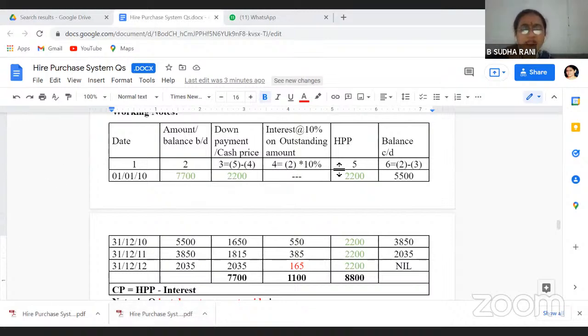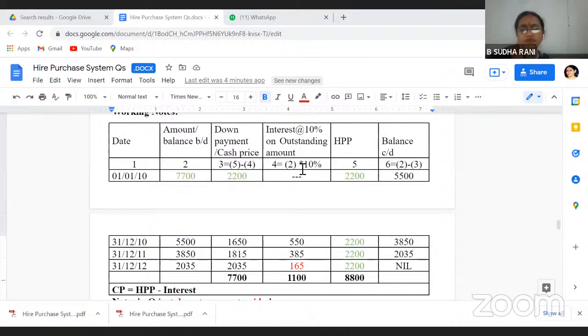See here, the interest rate he gave. So easily, upon the cash balance, we calculated. And these numbers indicate how you got these column values, children. Column number 1, 2, 3, 4, 5, 6. Column 3 value you will get: column 5 value minus column 4.